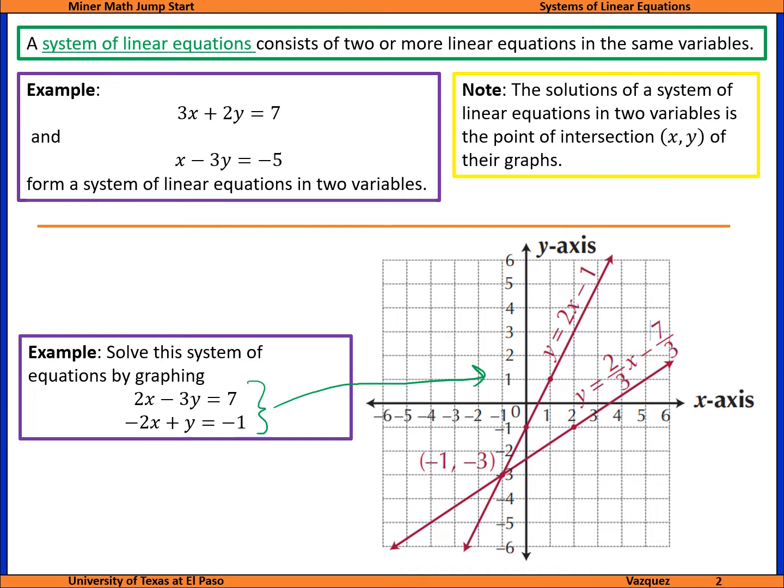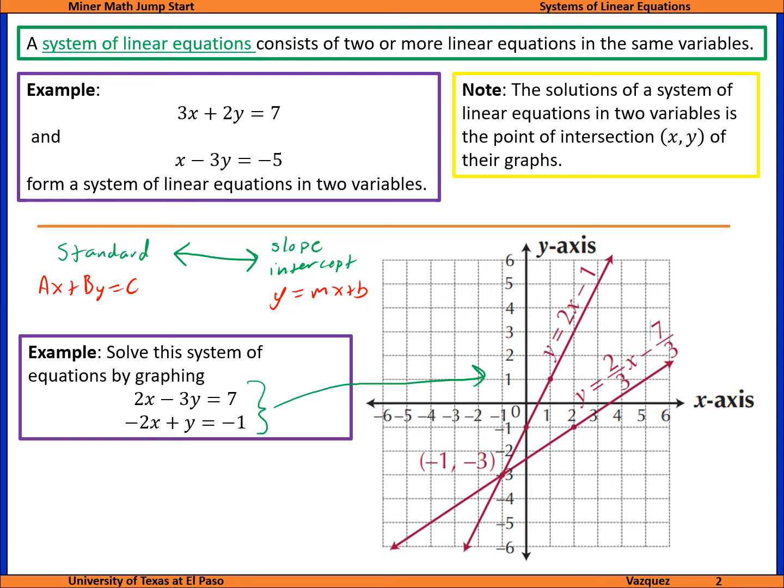All we did, like in the first lesson, was convert standard form to slope-intercept form. If you don't remember, let me write those down. Standard form is ax plus by equals c, and slope-intercept is y equals mx plus b. Again, we can go from one to the other and vice versa.